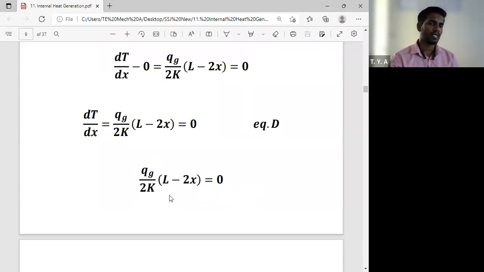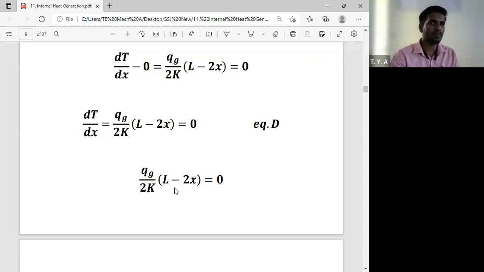Okay, इथं मला सांगा, एखादी प्लेट आहे and we have considered that in that plane some heat will be generated. म्हणजे qg is equal to 0 असेल का? हीट जनरेट होते म्हणजे qg 0 असेल का? नाही. 2k म्हणजे काय असणार आहे? थर्मल कंडक्टिव्हिटी ऑफ दॅट पर्टिक्युलर एलिमेंट. ती 0 असणार आहे का? नाही. म्हणजे qg by 2k हा फॅक्टर 0 येईल का? नाही ना. म्हणजे हा प्रोडक्ट जो आहे तो 0 आहे.